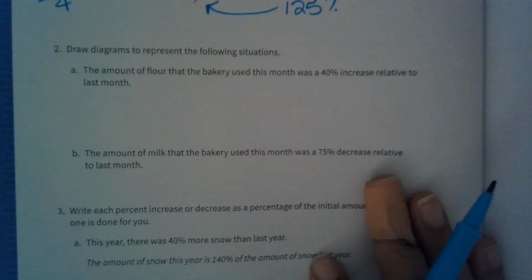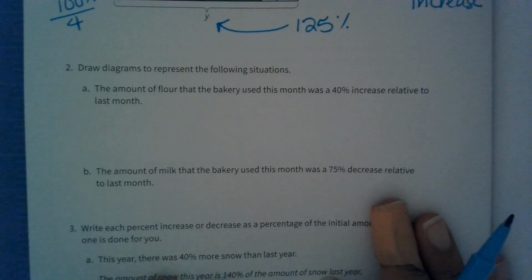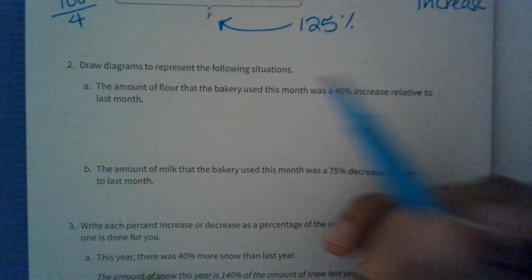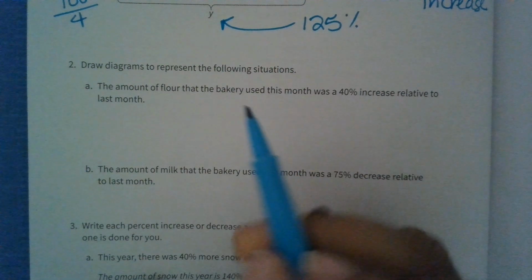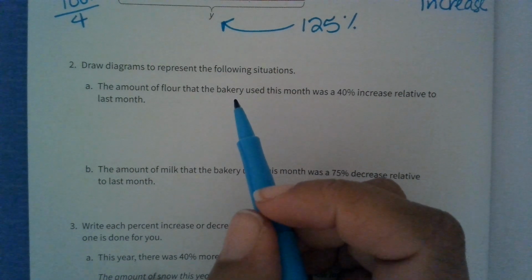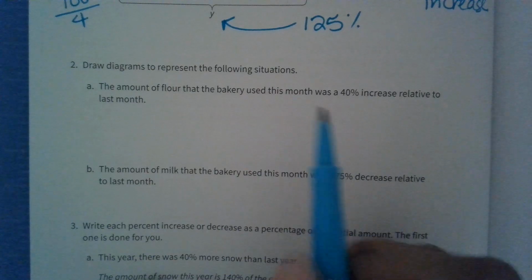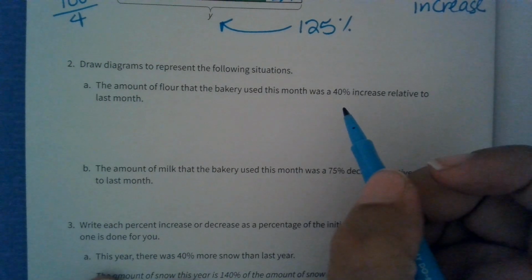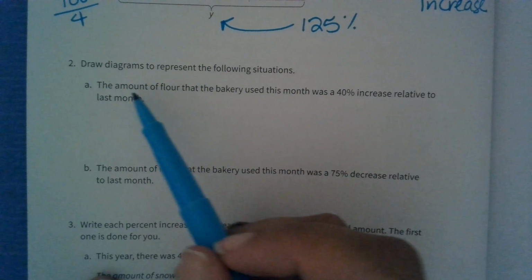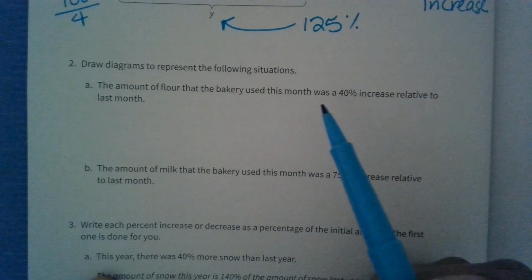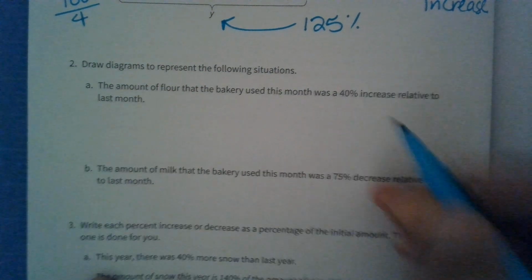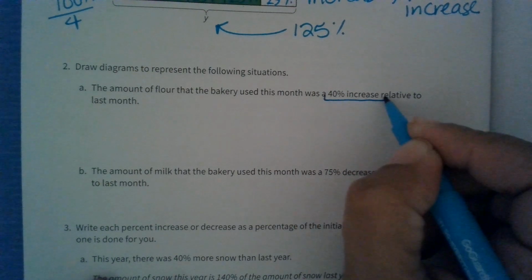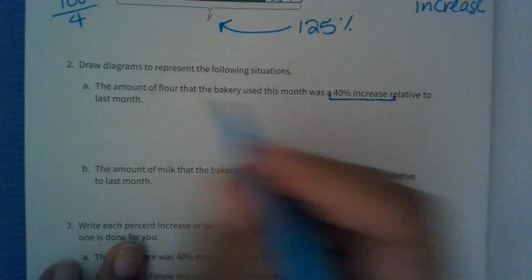We're going to draw our diagrams that follow the scenario. So I'm going to draw 2 diagrams. One represents 100%. The one below is going to represent the new box that represents the scenario. The amount of flour that the bakery used this month was a 40% increase relative to last month.